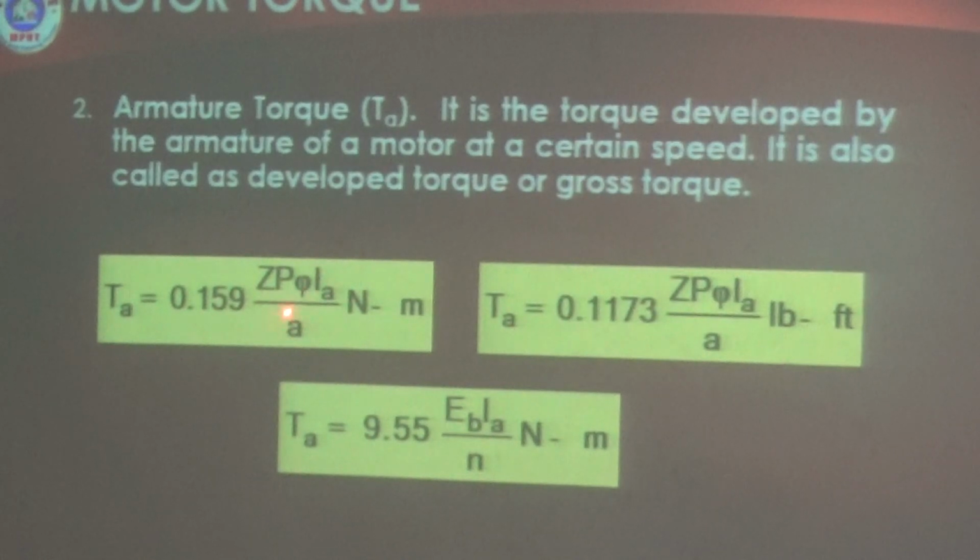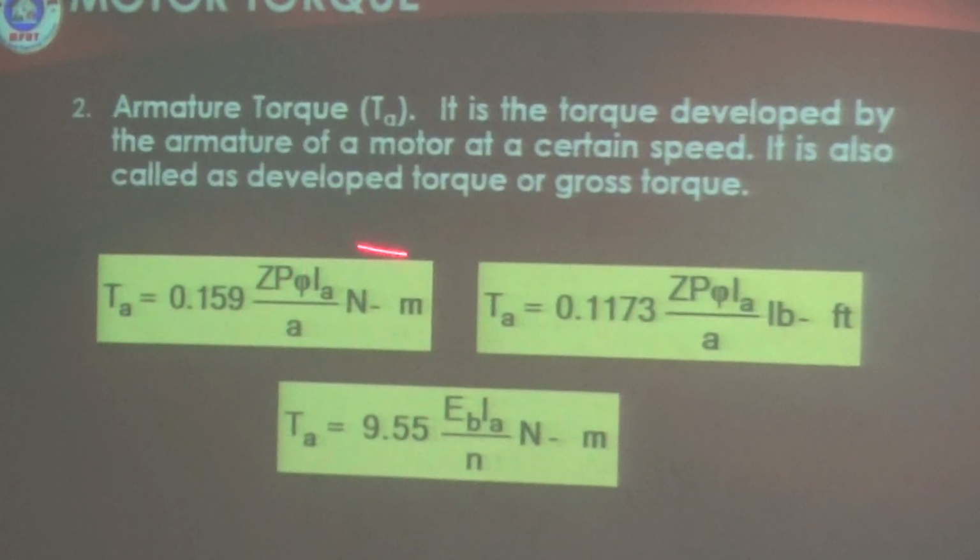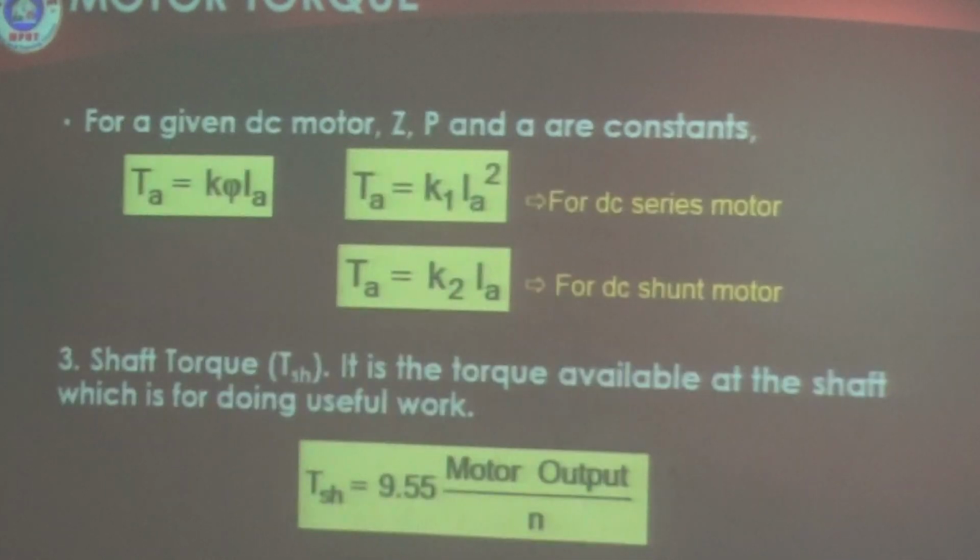Other formulas is 0.159 times the number of conductors times the number of poles, Weber, times IA, divided by a. Or, pwede din ito, if foot pound or pound foot, that will be 0.1173 ZPΦ IA over a.